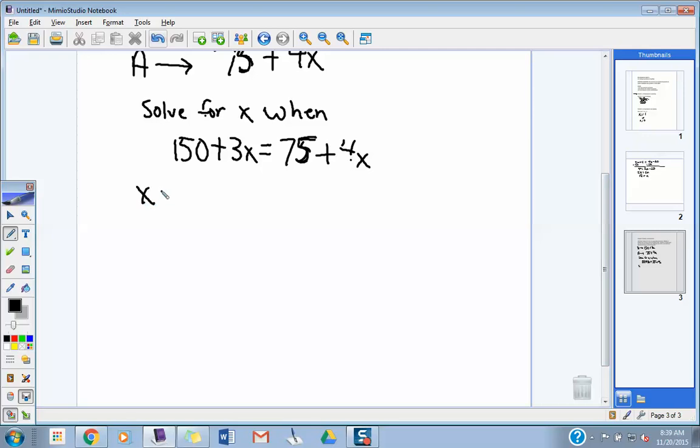So to wrap this up, this simply means that at 75 miles, the cost for company A and B will be the what?